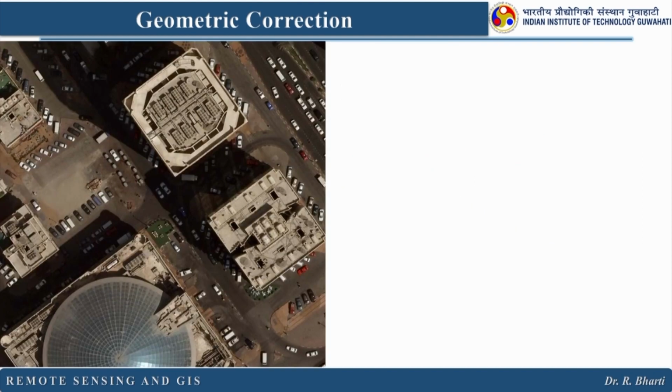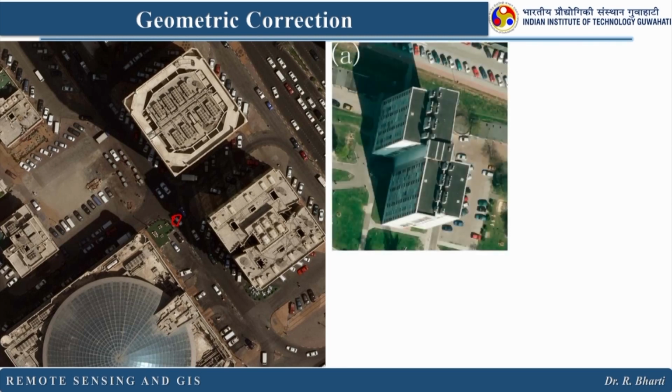If you see this particular image, you can see there are pixels where you cannot see the sides. That means those are the pixels looked vertically down, but there are a few places or a few photographs in which you can see the sides, right, like here. So, what does it mean? That means the nadir was somewhere here, and from here images have been captured.